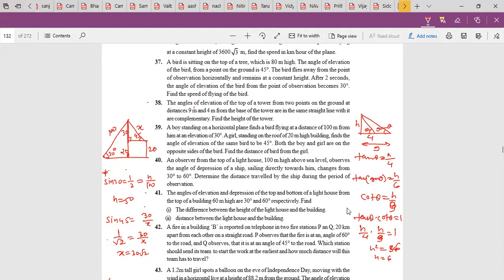Only the distance between the 30° and 60° angles you have to calculate, not the full distance.